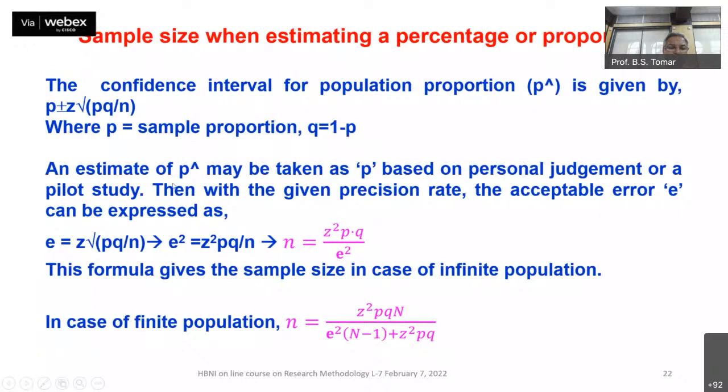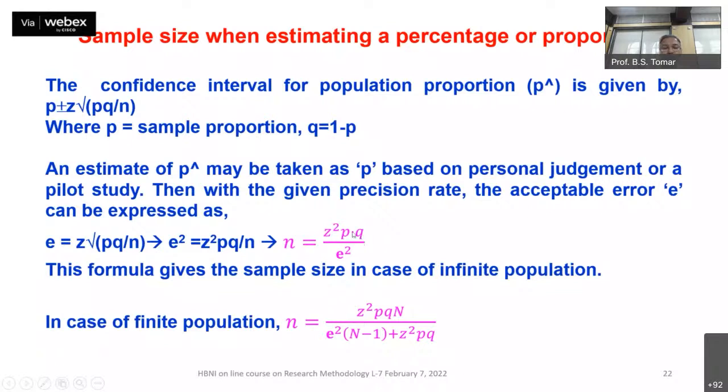We want to get an estimate of P apostrophe from this P, based on personal judgment or a pilot study. Then, with the given precision, the acceptable error can be expressed as E. So E equal to Z root of PQ by N. Squaring, E square equal to Z square PQ by N, or N equal to Z square PQ by E square, where P is the probability of success and Q is the probability of failure.